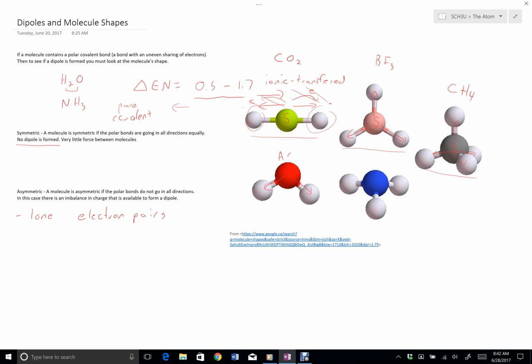So this is asymmetric. And so the electrons might be being pulled this way and this way, but because these things aren't in opposite directions, they don't cancel out. What that means then is that one of these sides can become partially negative and the other side can become partially positive, and in this case, dipoles do form.